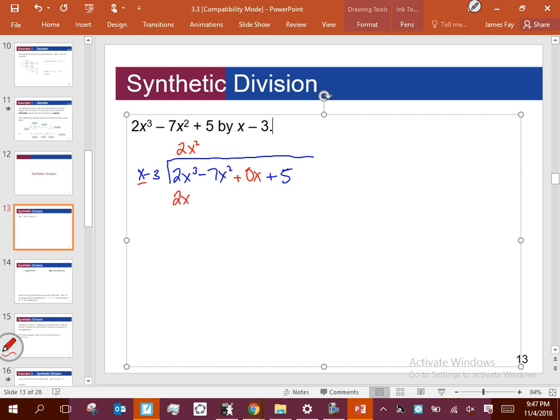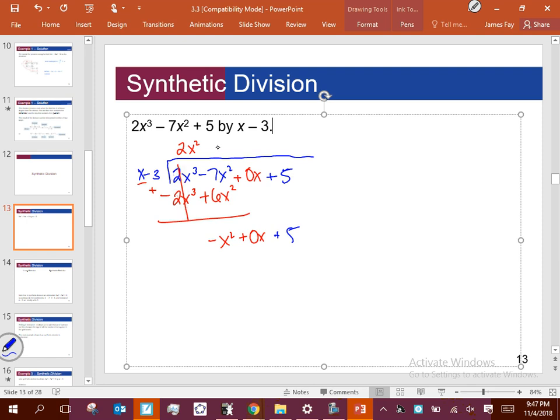So it'd be 2x cubed minus 6x squared. Negate and then add straight down. Those are going to go away. That's going to be negative x squared. Now drop down my 0x and then my plus 5. Anything that didn't have something to subtract gets brought down.